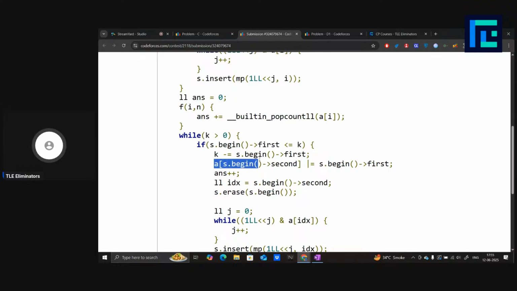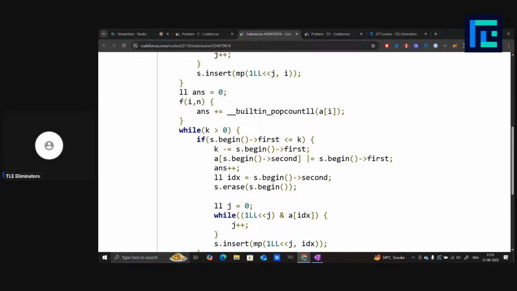So a of index or equals 2 to the power lowest 0 bit, and ans plus plus, because the number of ones in our array has increased. Then the index is the index of the current one, and I'll erase it from the set because I want to insert the new value.